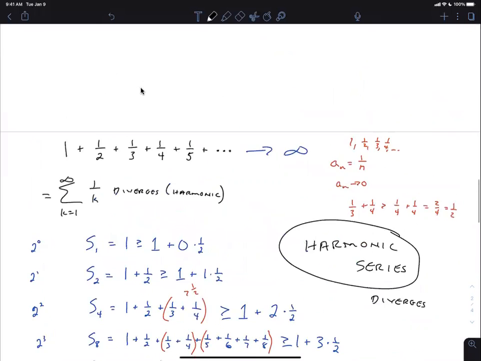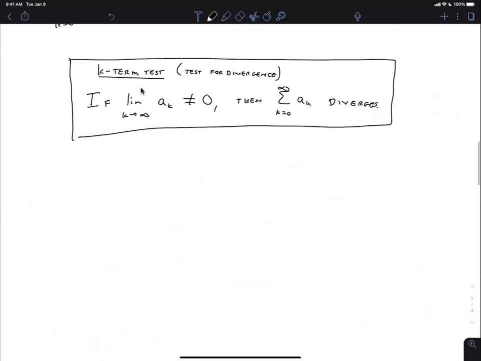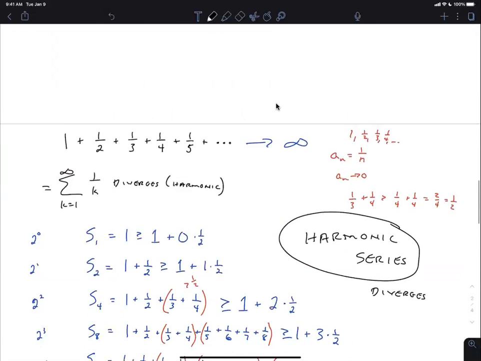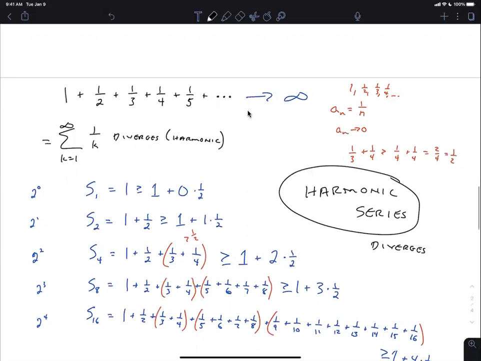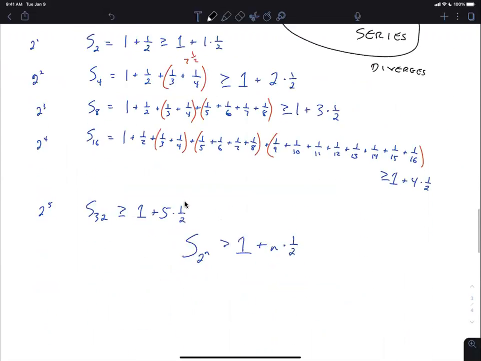Okay, that is the first counterexample to the thing that seems like it would be true. It seems like if the limit of a_k is 0, then the sum converges. That's not true, because here the limit of the sequence is 0, but the sum diverges. So if I have this one, we already said that's 2.